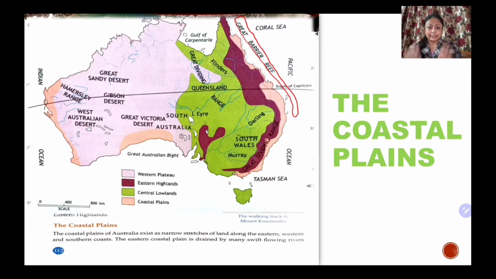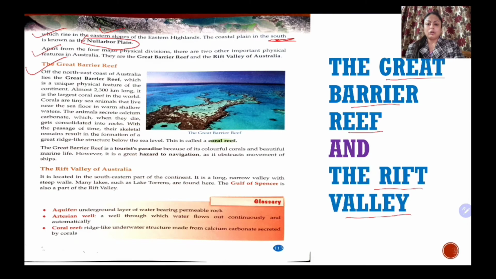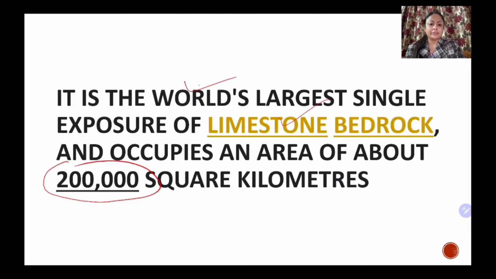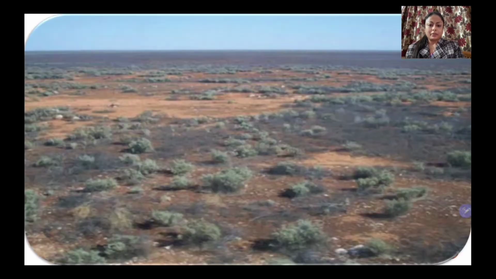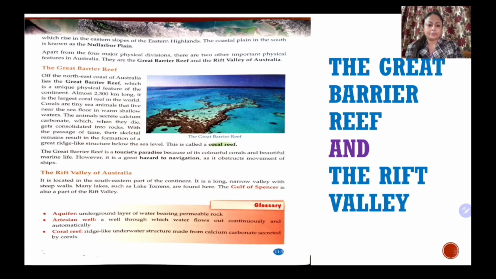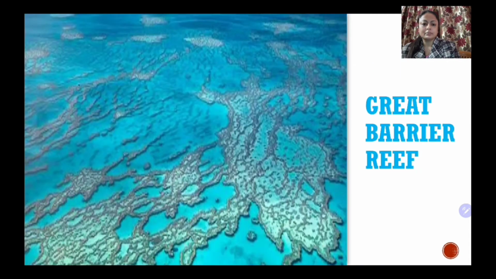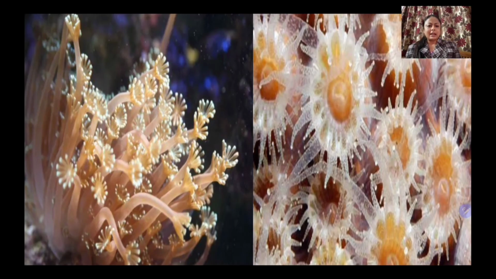Now what is it? The Great Barrier Reef, or the coral reef, you can see in the picture here. You can see in the water there are certain formations like this. These are the coral reefs. How do they form? Students, there are microorganisms known as coral polyps.